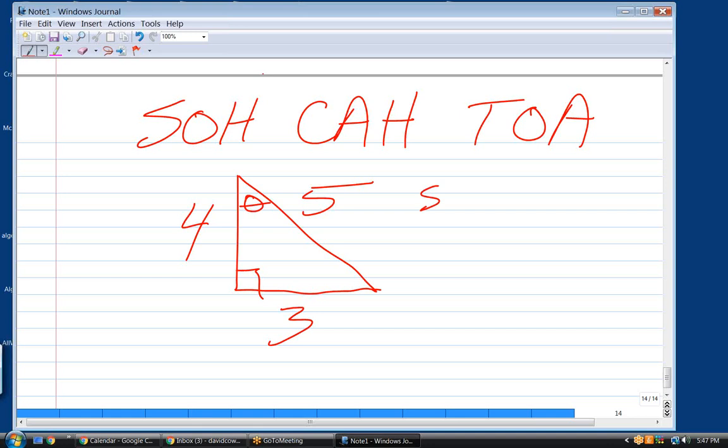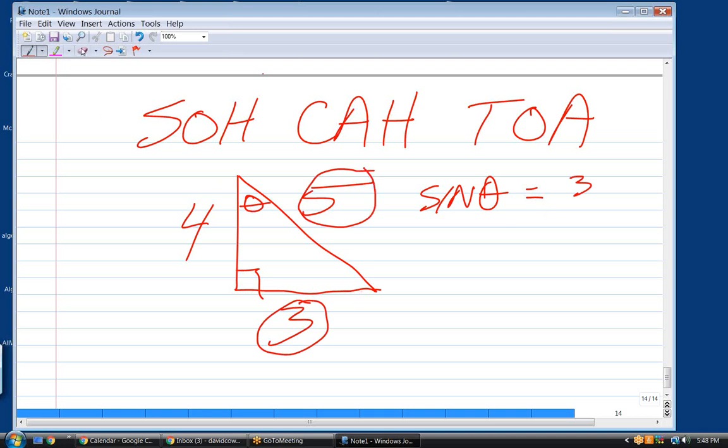What is the sine of theta? We always take trig functions of angles to get ratios. Okay. What's the sine of theta? 3/4. Opposite over hypotenuse.